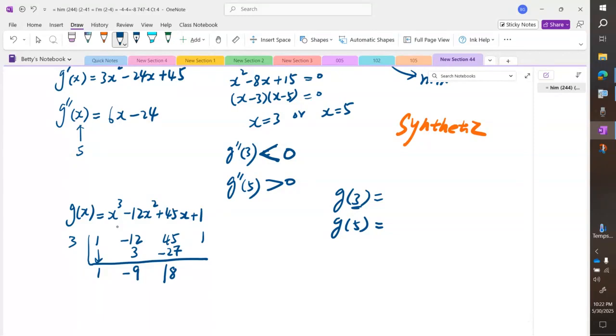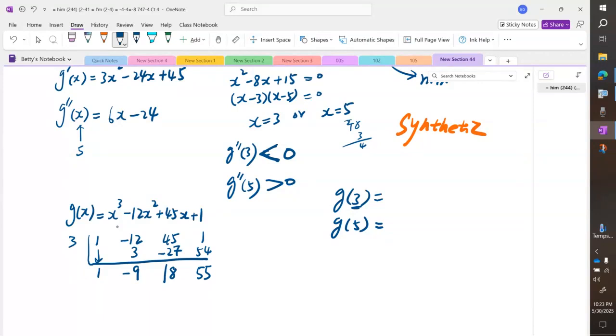And then keep going. 18 times 3, what is 18 times 3? 54. 54 plus 1 is 55. I would want to double check one more time.